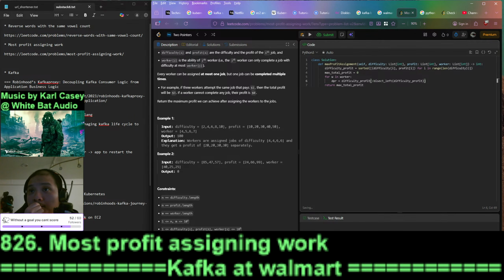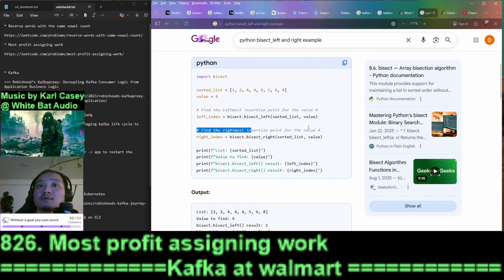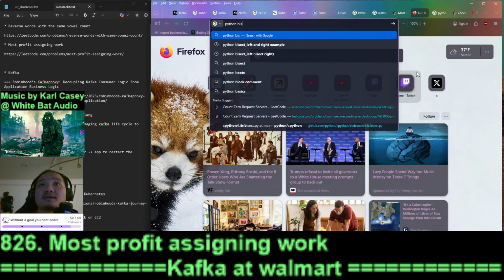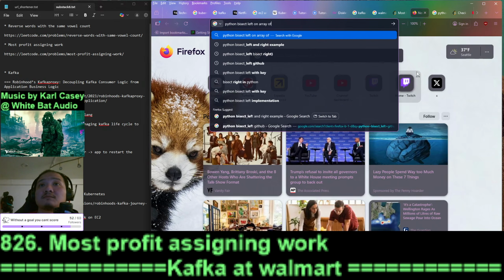We have to find the value, which is w. In Python, bisect left on an array of tuples.